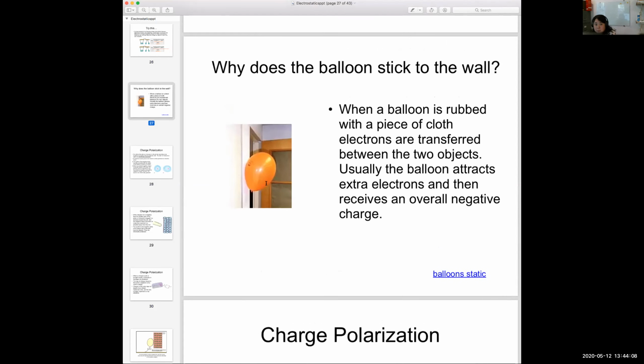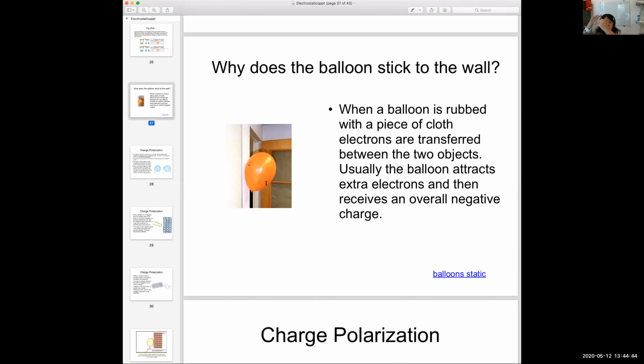However, insulating materials like paper, wall, wood, cork, they do have electrons in them, but these electrons are bound around the atoms or molecules. They cannot get out of the molecules or atoms.